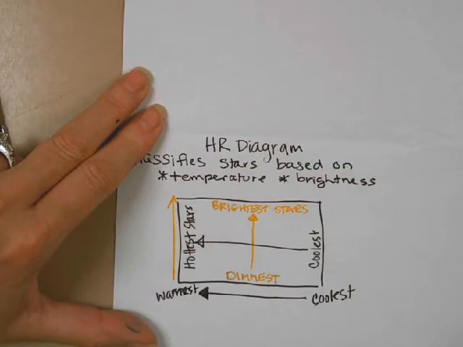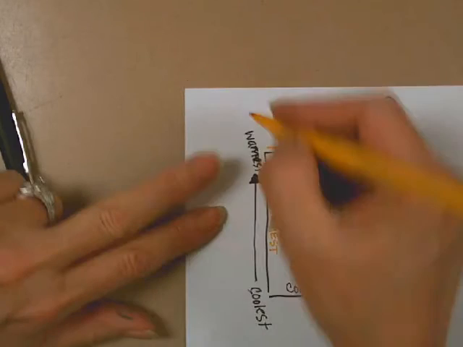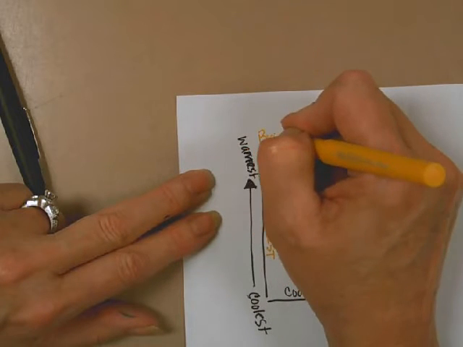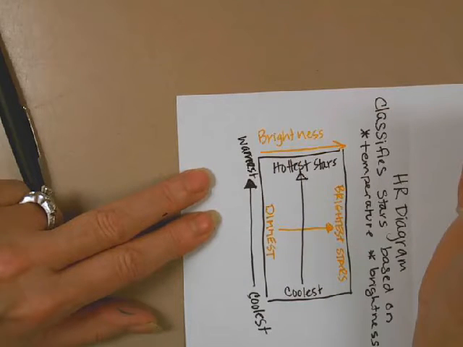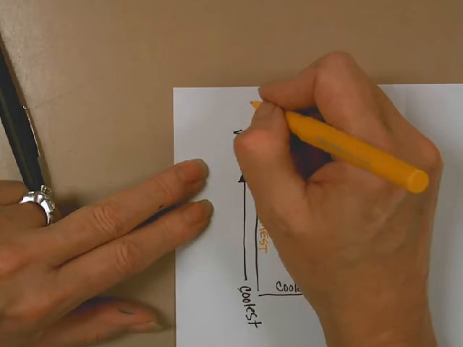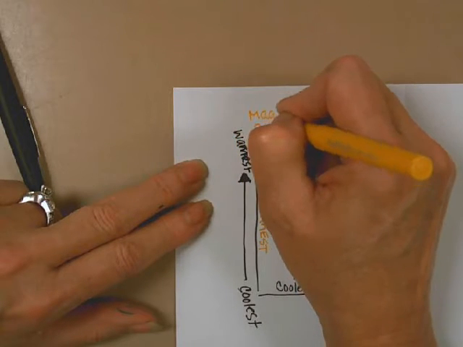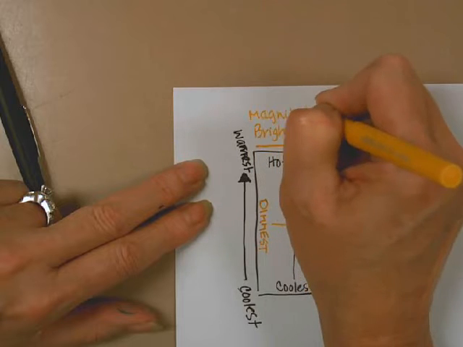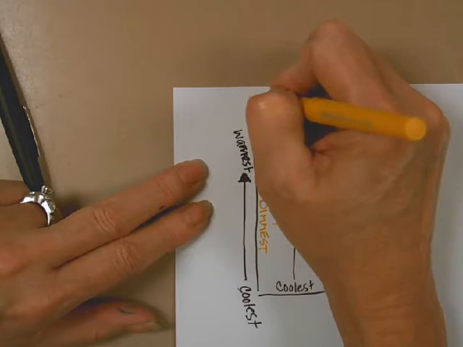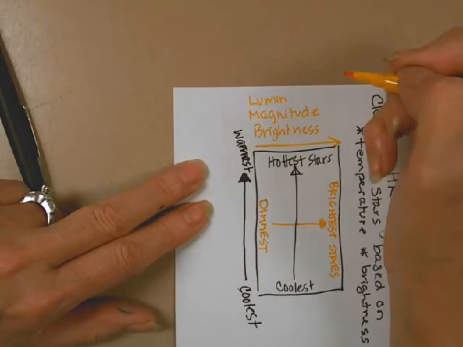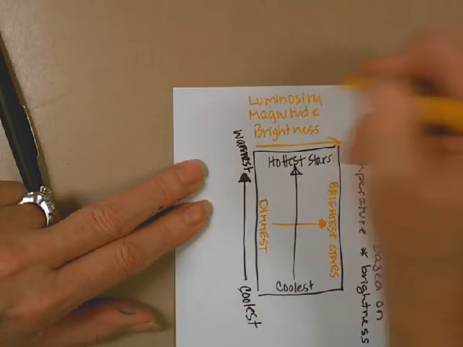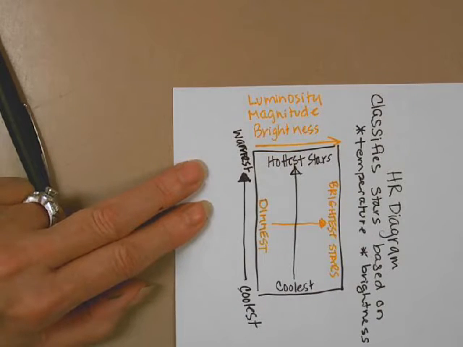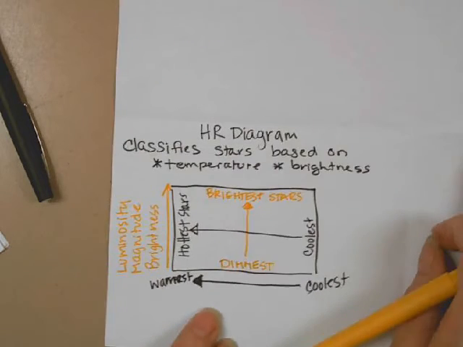We had three words that could be used to indicate brightness: brightness, magnitude, and luminosity. All mean the same thing. So that's how you read it.